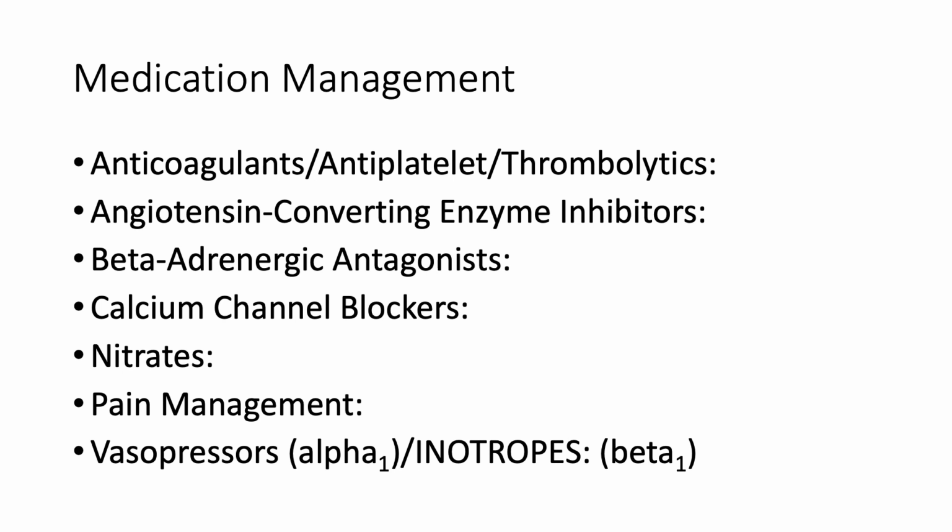We'll give them intravenous nitroglycerin. Pain management definitely has a role where all these other medications have been used and tried and the patient is still suffering with pain. We will definitely use some intravenous morphine or intravenous fentanyl, which is another opioid.